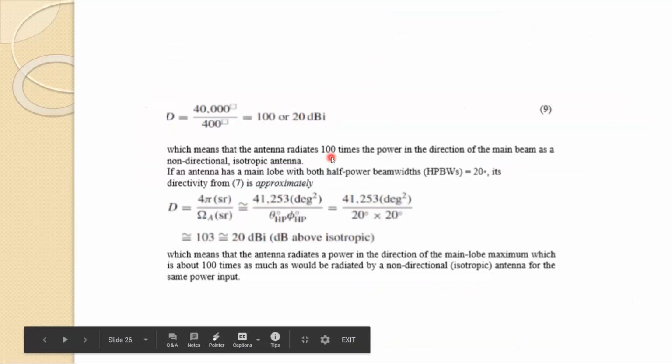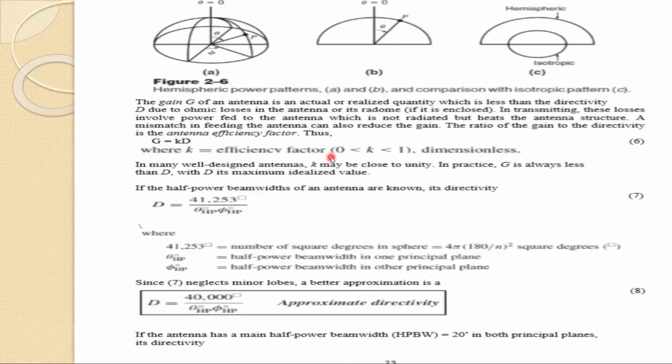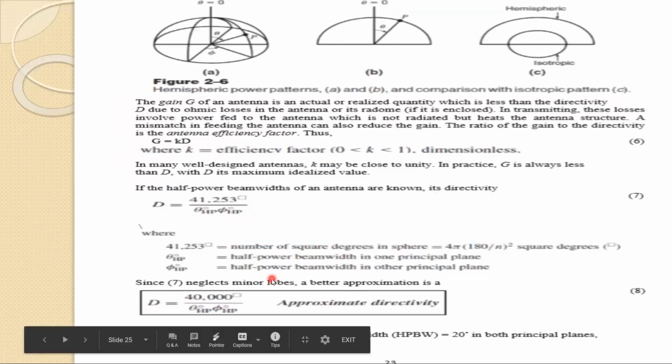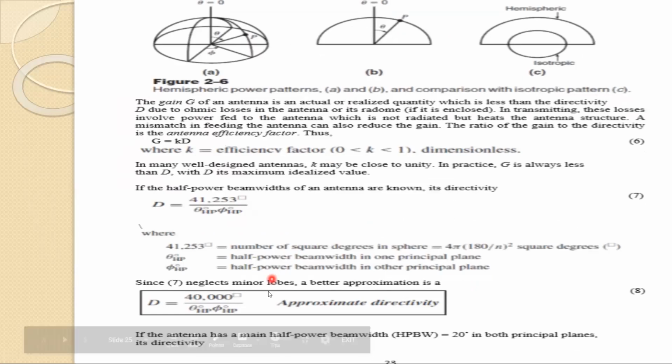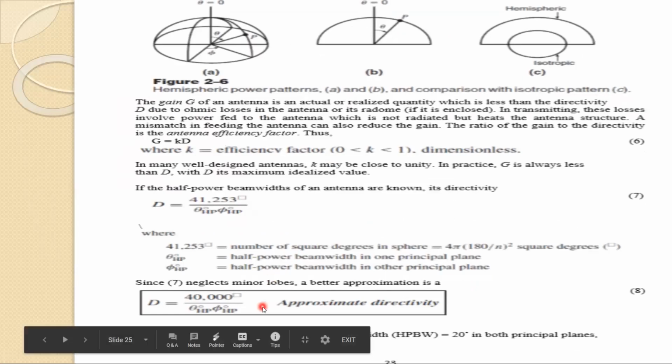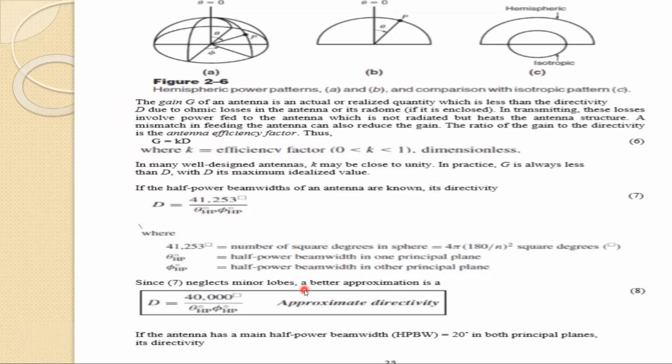In your notebooks, put example number one. Note down the problem: calculate directivity for half power beam width 20 degrees in both principal planes. Theta is one principal plane, phi is the other principal plane.